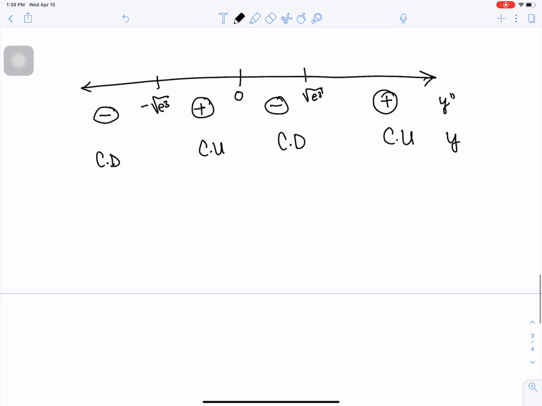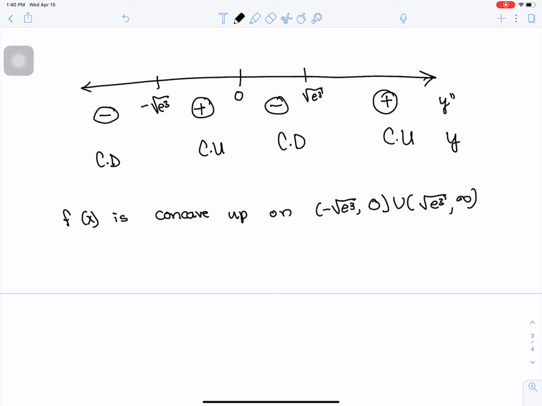Let's summarize. The second derivative is positive, so therefore the original function is concave up on the interval negative root e cubed to 0 union positive root e cubed to infinity.